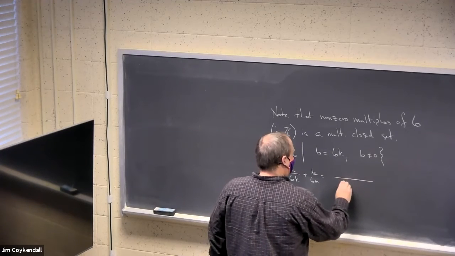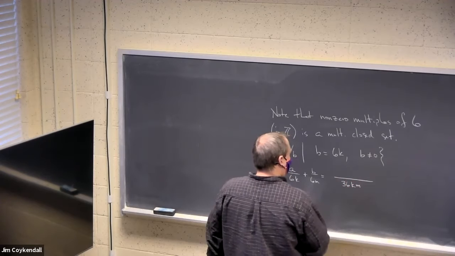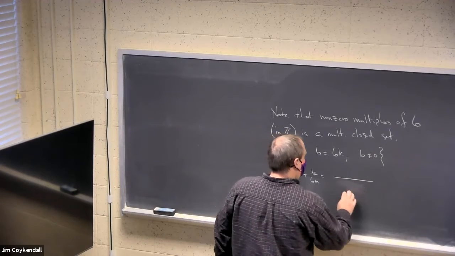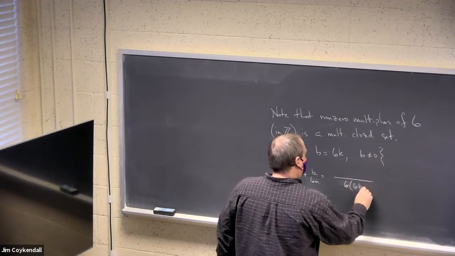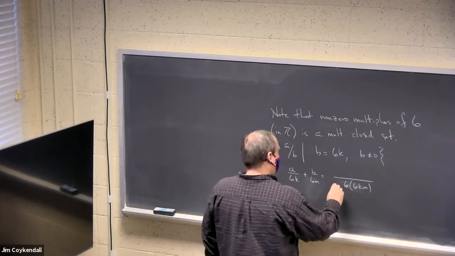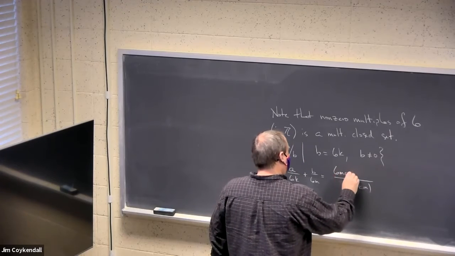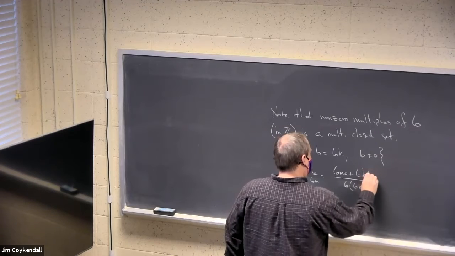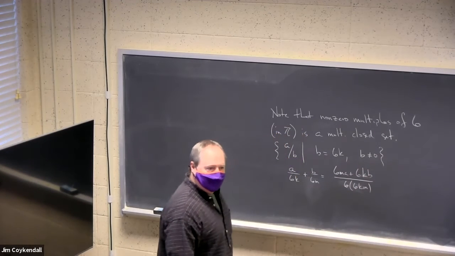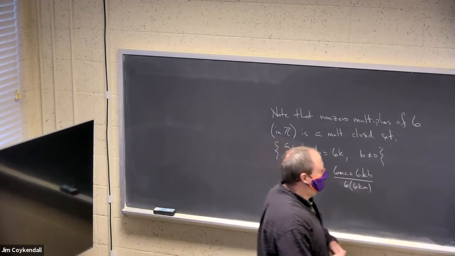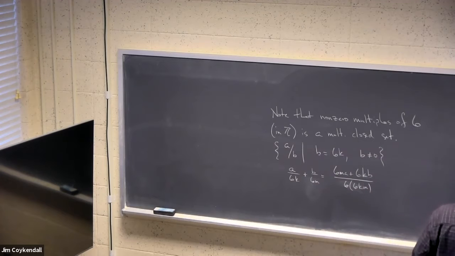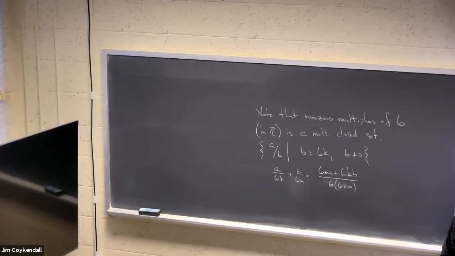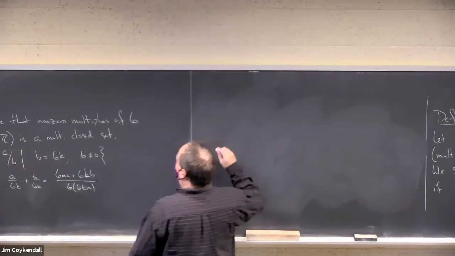Well, I won't even bother simplifying things here. Actually, let me write it this way for emphasis. This is 6ma plus 6kb over the common denominator. And you can cancel out 6 if you want, but you notice the denominator is still a multiple of 6. And this forms a ring.